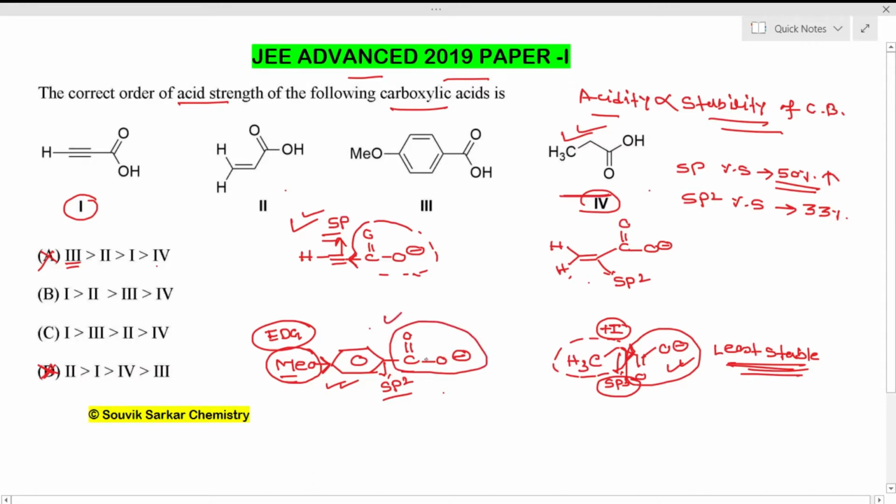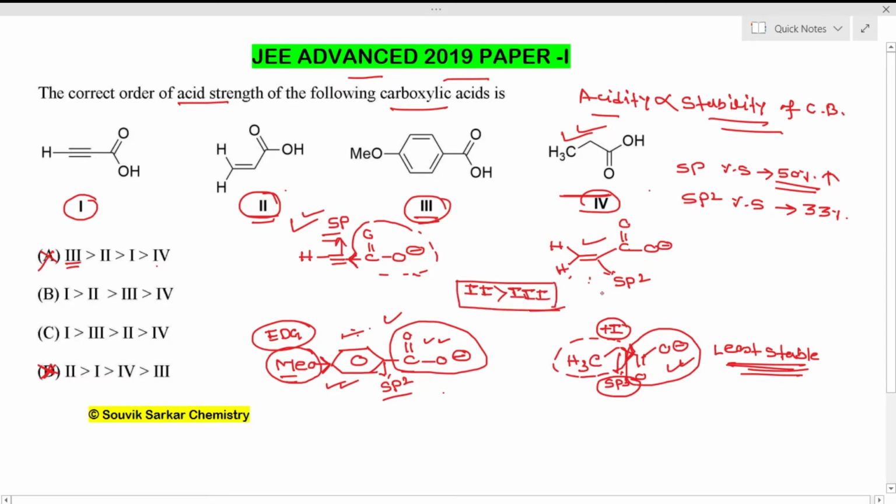As a result, the electron density increases in this carboxyl group, so the stability decreases. So among 2 and 3, the stability of 3 is less compared to 2. As the stability of this conjugate base is less, the acidity of 3 will also be less compared to 2. So 2 is more acidic compared to 3.